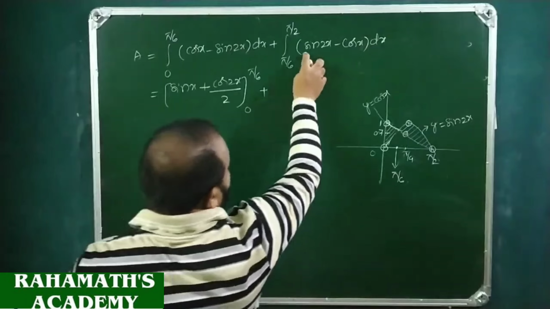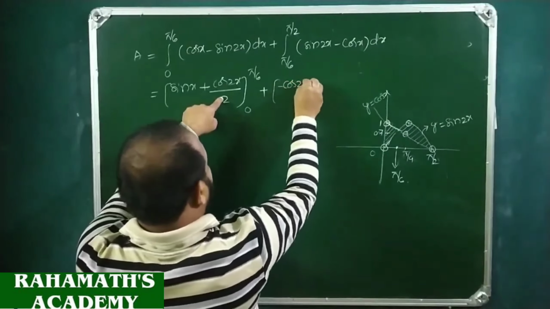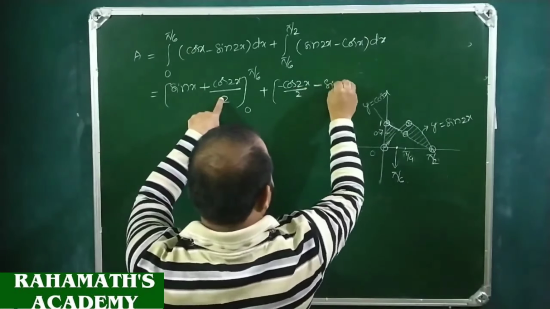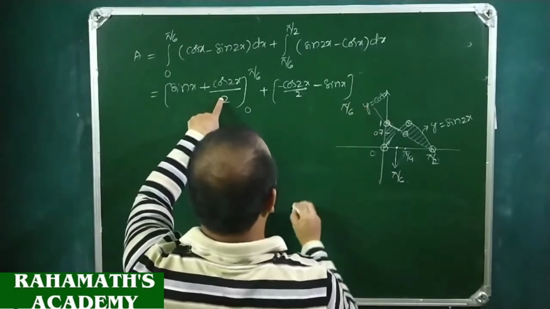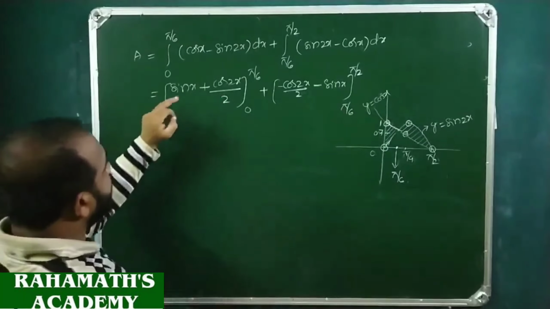So now integral sin 2x is, as we have discussed here, minus cos 2x by 2, minus integral cos x is sin x. The process of integration is over, from pi by 6 to pi by 2. Now listen.